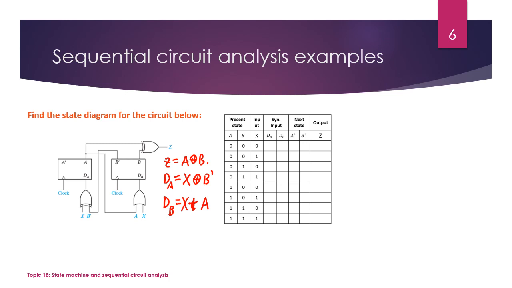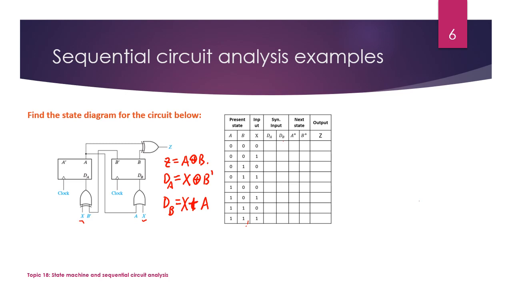But that's enough to figure out the state transition table here. The present state is listed here for the two flip-flops, and X is a combinational input, or control input, here. DA and DB are the inputs for the flip-flops.